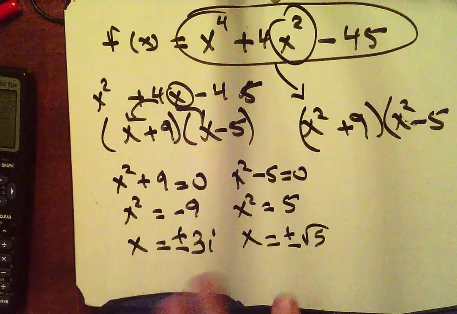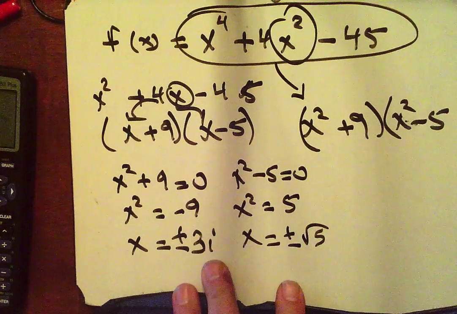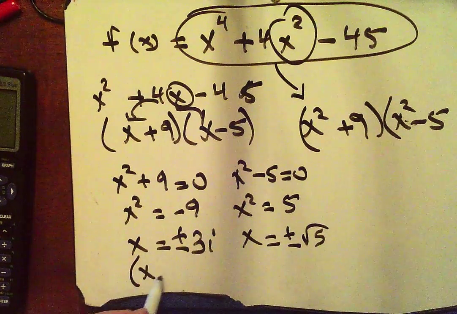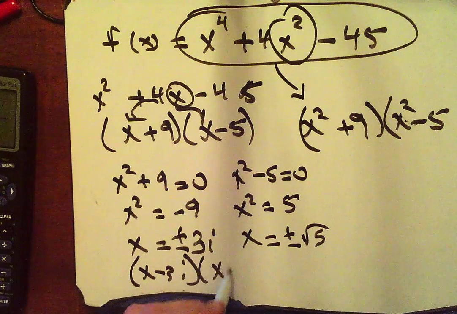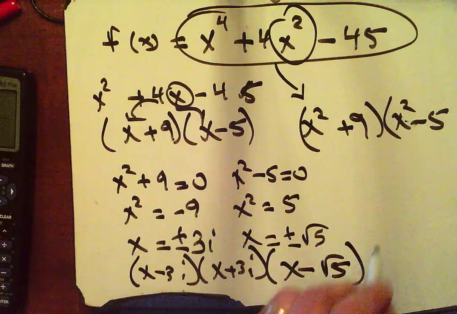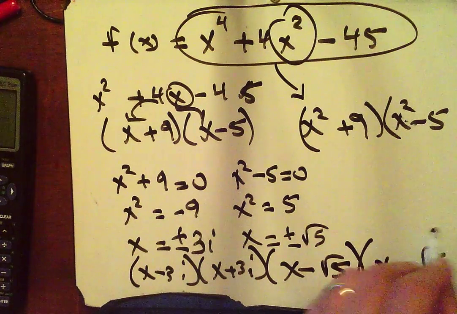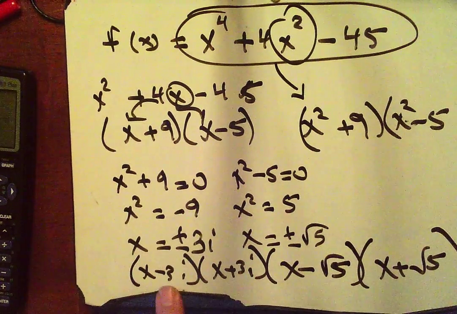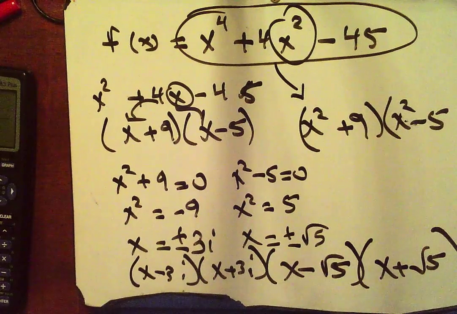This is not done. We are looking for factors. You have not finished until you write x minus 3i, x plus 3i, x minus root 5, and x plus root 5. Okay? Completely factored with linear factors. We only want linear factors at this point in the year.